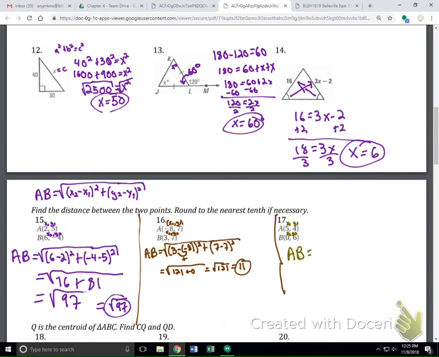So we have AB equals the square root of (0 minus 5) quantity squared, plus (6 minus 4) quantity squared. We end up with the square root of negative 5 squared is 25, plus 6 minus 4 is 2 squared, which is 4. So the square root of 29.